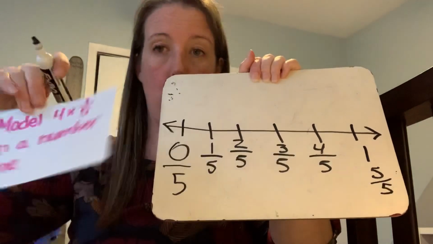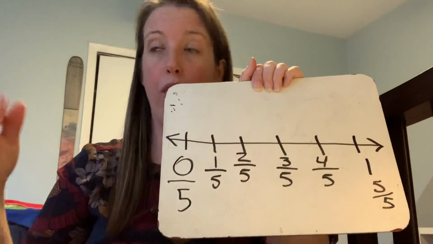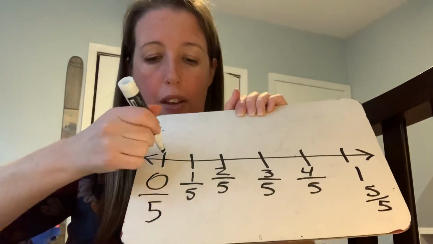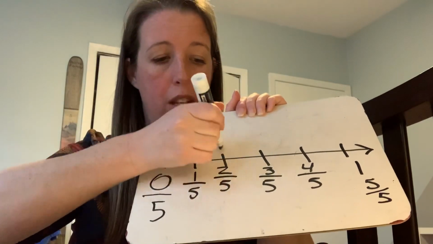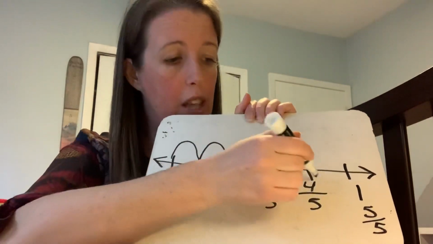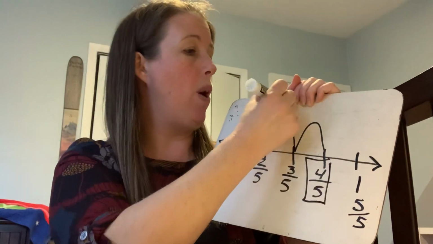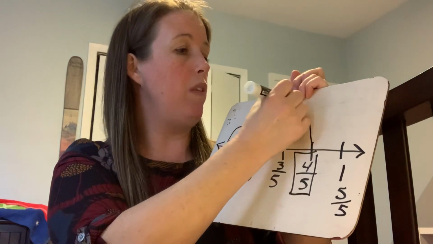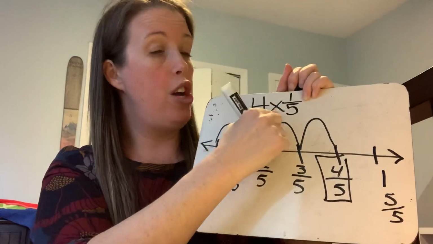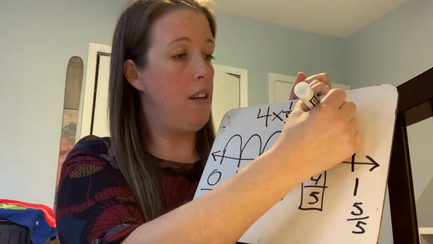And now it wants to show 4 jumps of 1/5. It's repeated addition. 1/5, 1/5, 1/5, 1/5. So 1, 2, 3, 4 jumps of 1/5, and I land at 4/5. So 4 times 1/5, or I like to say 4 jumps of 1/5, lands me at 4/5.